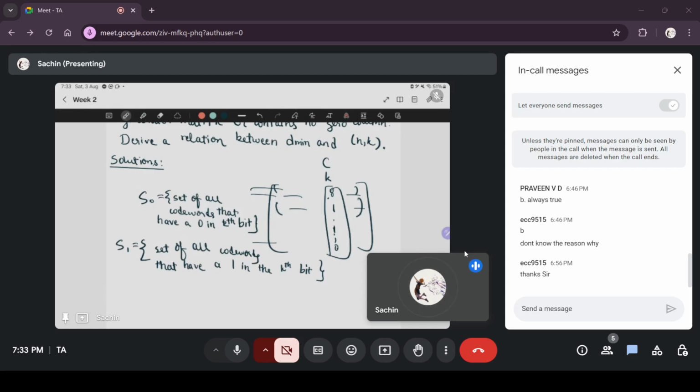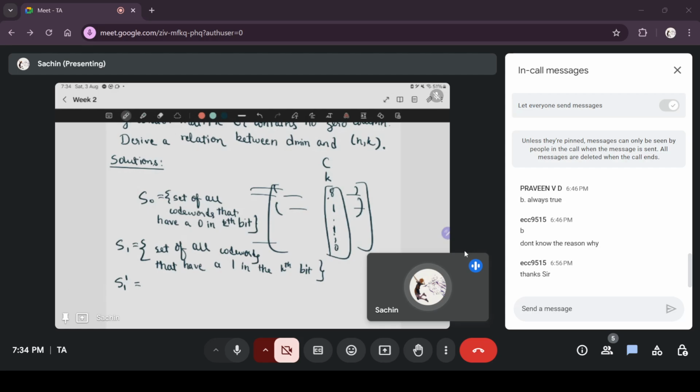Now again, consider S1 prime. The way you get S1 prime is, you pick a code word in S1 and then add it to each of the code words in S0. What will happen? The code word in S1 will have a 1 in its kth position.